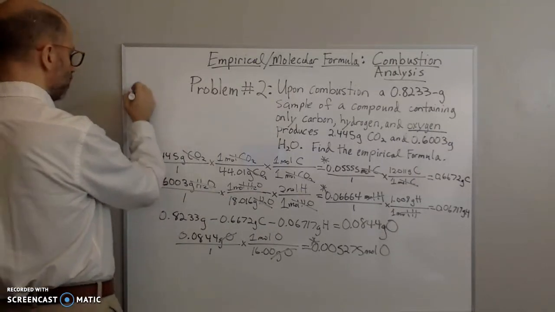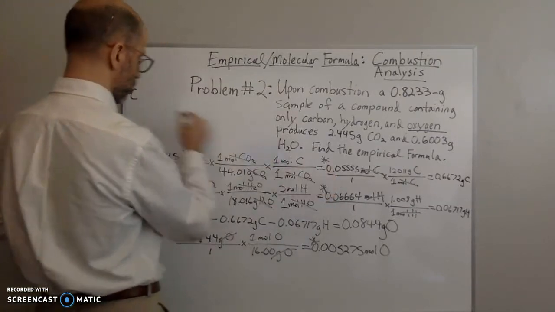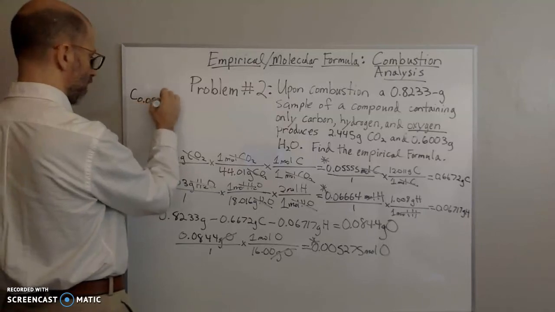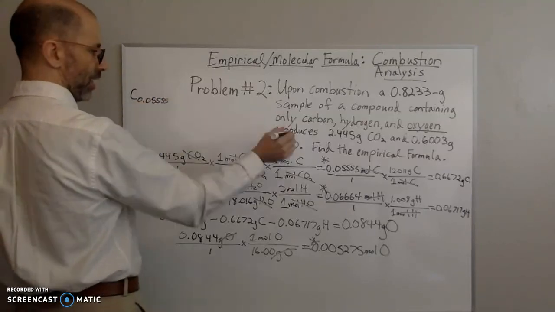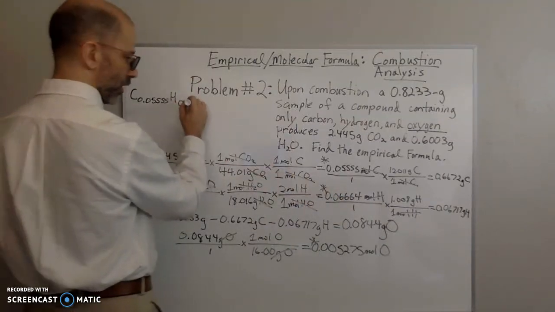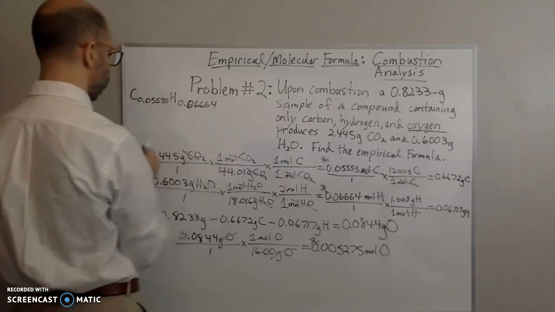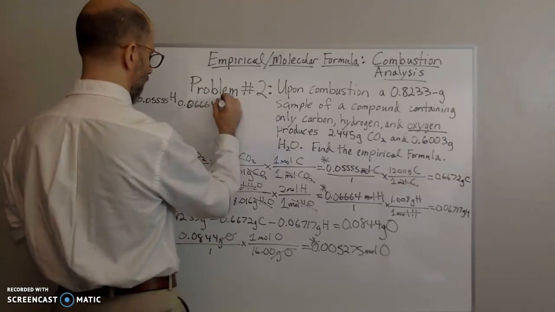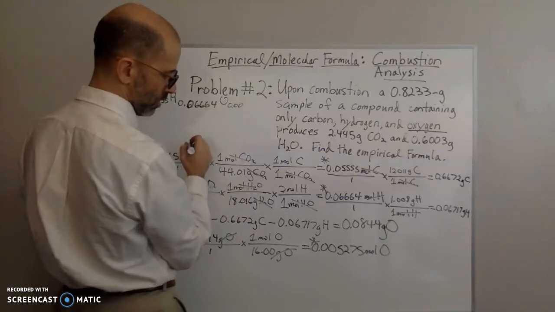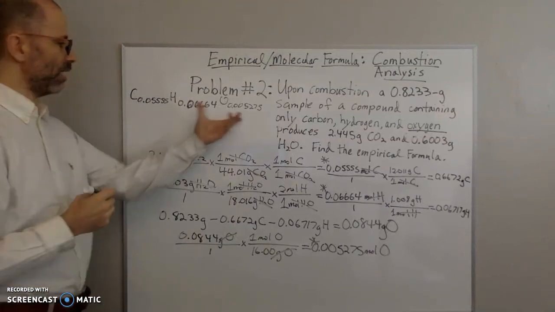Carbon has 0.05555, hydrogen has 0.06664, and oxygen, which I just calculated, has 0.005275. So now I have my pseudo formula.